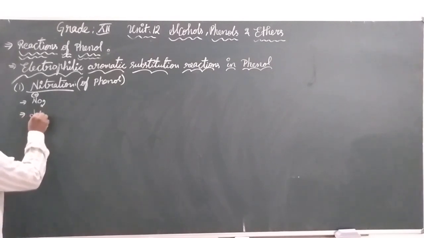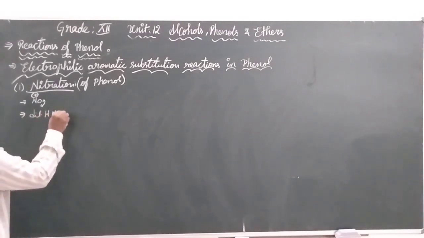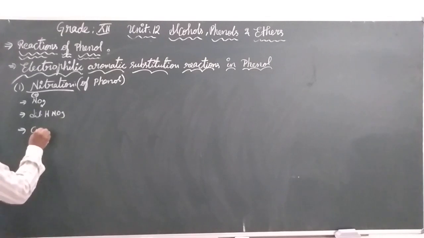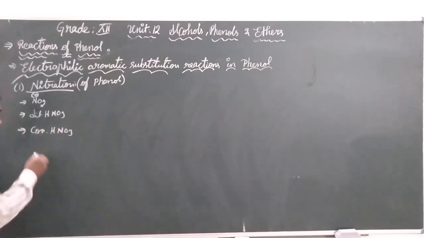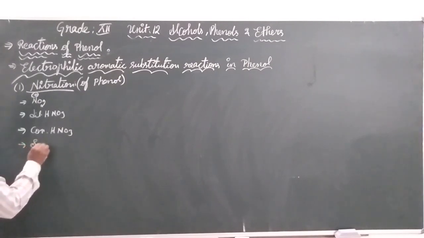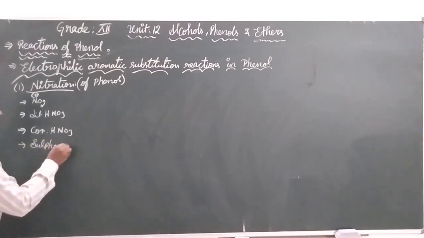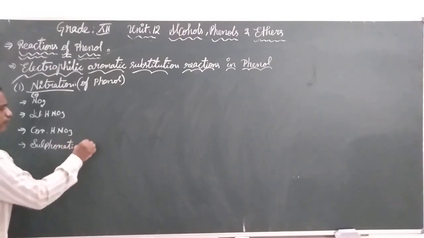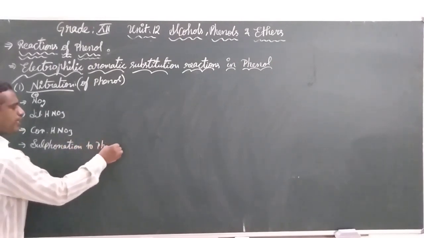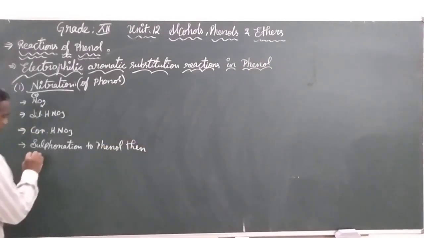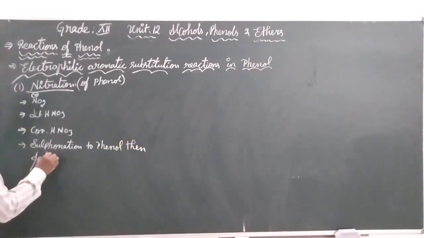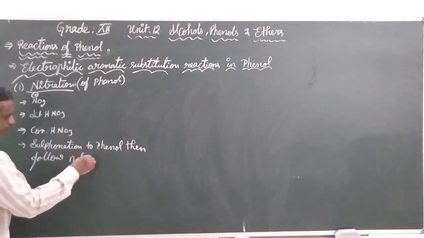One of the sources is using dilute nitric acid or concentrated nitric acid. Or first you can do sulfonation of phenol, then it will follow nitration.